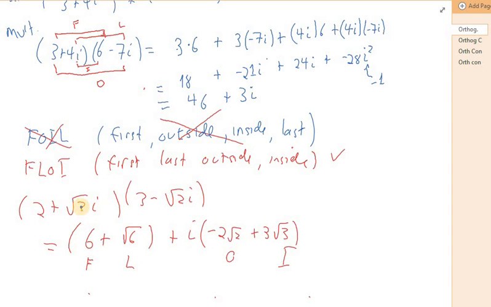And outside is going to be 2 times minus square root of 2 i, so that's -2 square root of 2 i. Inside is square root of 3 times 3, which is 3 square root of 3 times i. And you get this term. Now you could do FLIO also, but FLOI sounds kind of nice. So, a brief introduction to addition and multiplication of complex numbers.